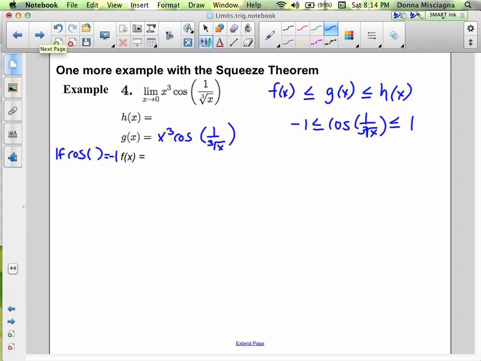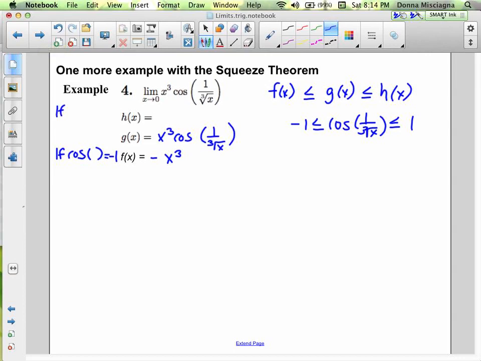If I read my inequality signs backwards one more time. All right, so if cosine blop is negative 1, then we just have negative x cubed, right? This whole expression could be at its smallest, and its smallest is negative x cubed, because cosine's smallest value is negative 1.